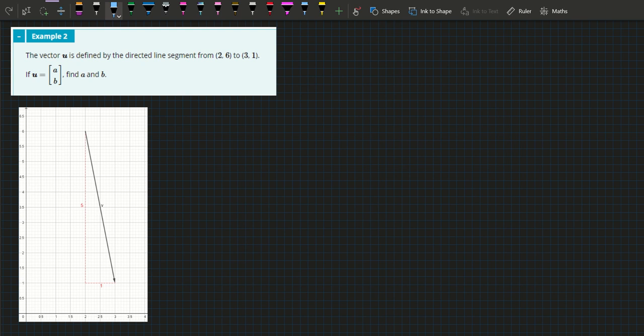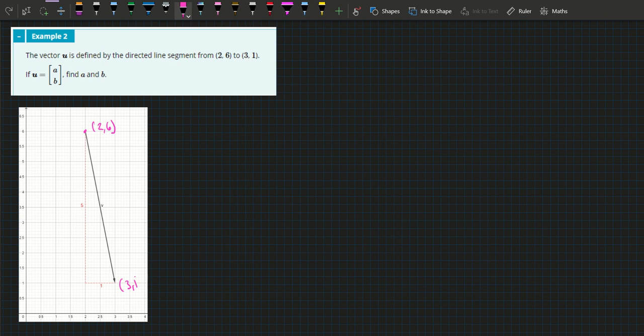So this point here is 2 across the bottom and 6 up, so that's 2, 6, and the other point over here is 3, 1.